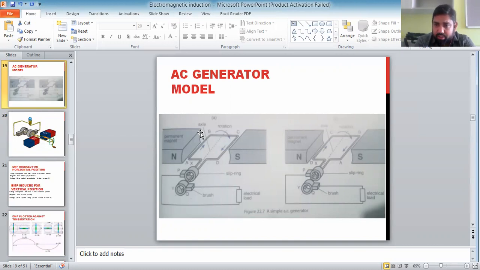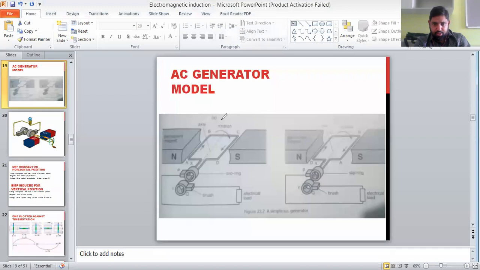So now if the coil is vertical, for example, let me draw a diagram on it. It's standing vertical here, like this. So now if it was being rotated clockwise, this wire will be going this way and this wire will be going that way.